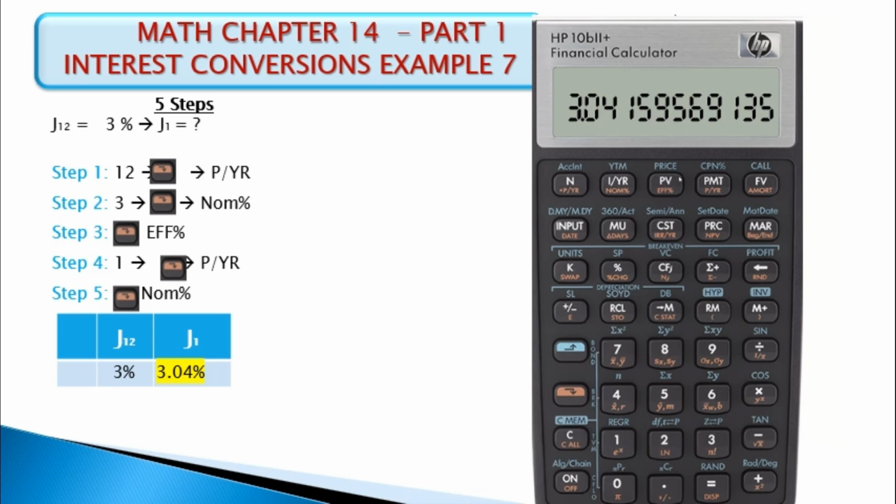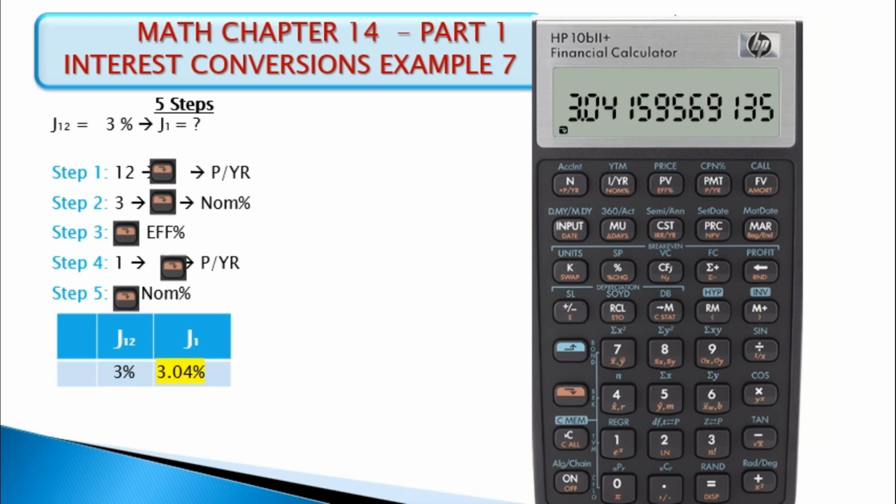If all you needed to do was convert to J1, this is all you would have to do. But if you're going to convert to anything, including J1, you press 1. That's step 4. And step 5 is not putting any number in, but finding the number. So that's second function, this one. Okay, so 3.04 is the same as 3 with a J12.